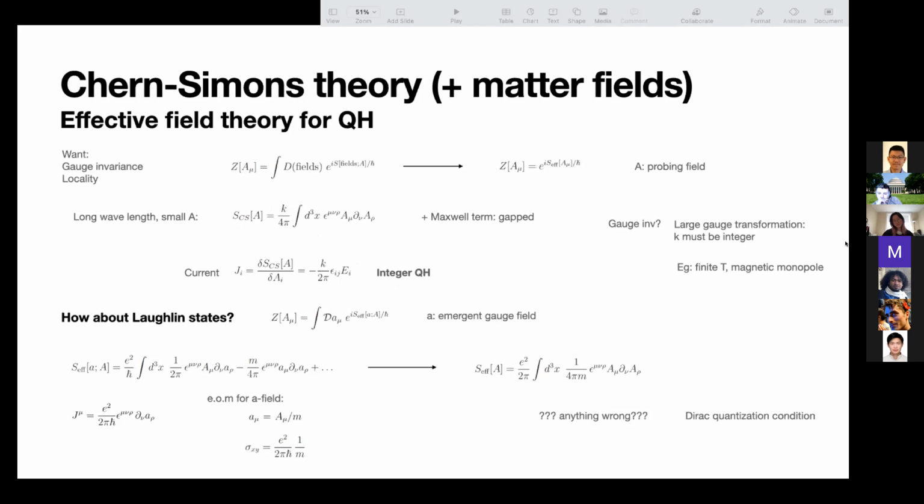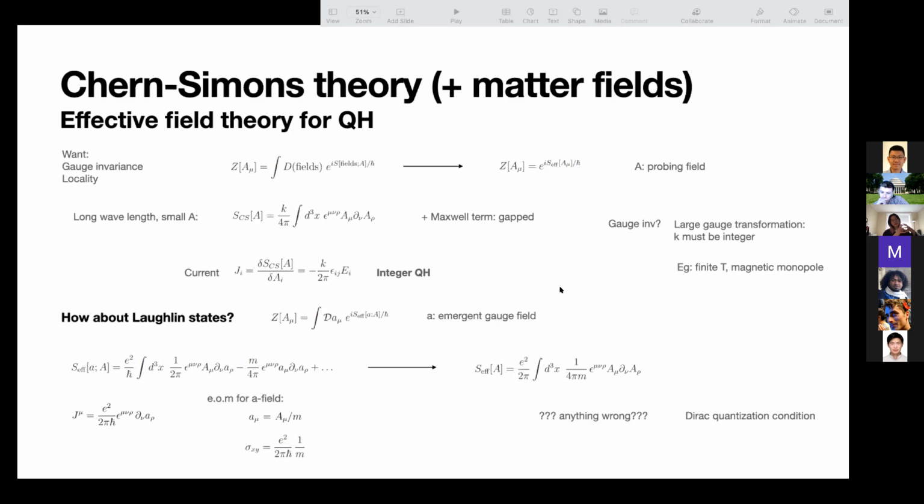By large gauge transformation, one thing we can consider is to turn on a finite temperature, meaning we do a Wick rotation, so we consider a finite temperature configuration, and make the space compact, consider a sphere, and insert a magnetic monopole into it, and consider the whole path integral.